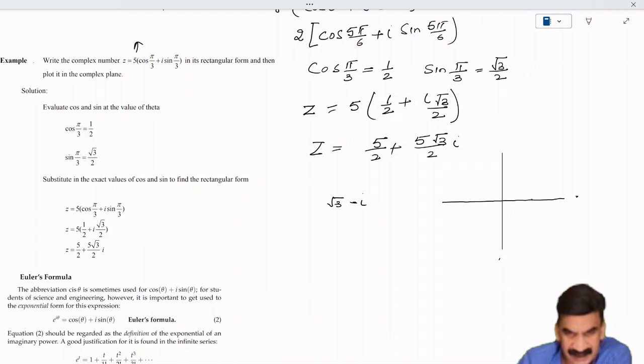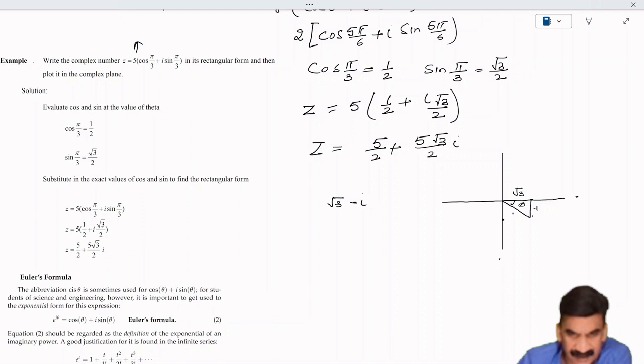So let's say this point is root 3, 1.732, and this point is, let's say, 1. So the number will lie somewhere here. This is my number here, where this is root 3 and this is 1, this is negative 1, please remember.